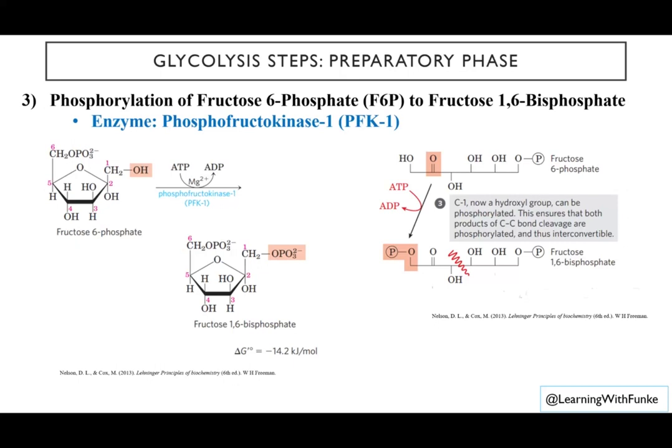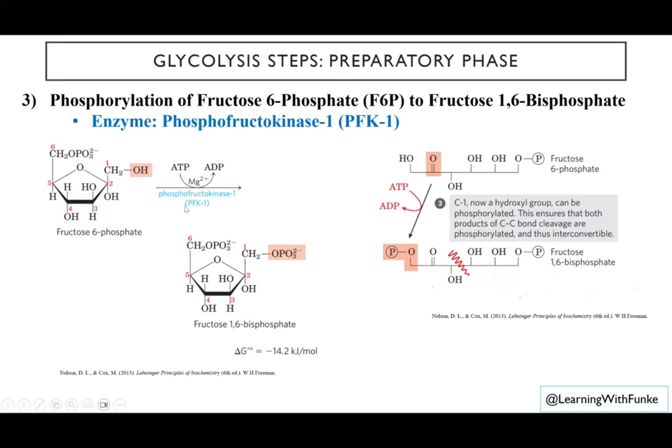And so for the next step, step 3 of the preparatory phase, now we're going from F6P that was produced in the last step, and we're pretty much going to fructose 1,6-bisphosphate, and this is catalyzed by PFK1. It is important to know the enzymes and what steps they catalyze, and so that is why I've shown all of this here. And what we see here is that we had one phosphate group, right, here on carbon 6.